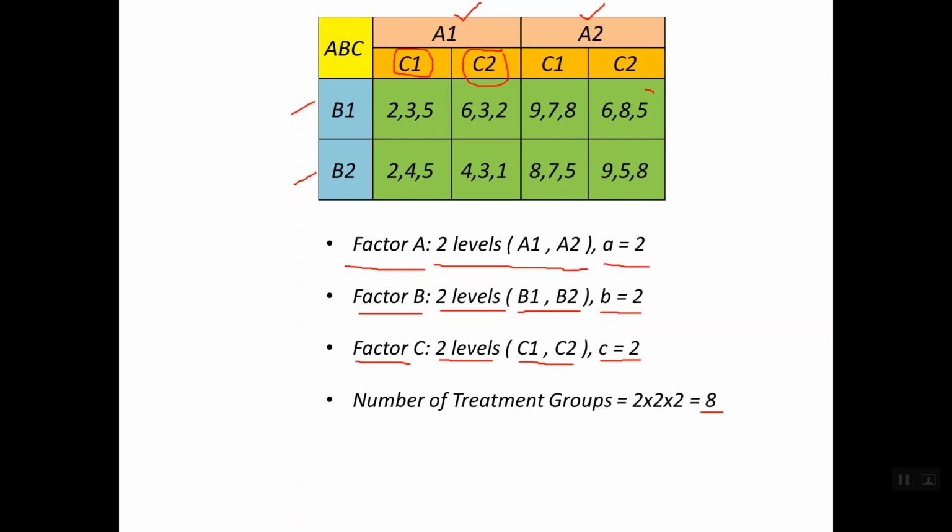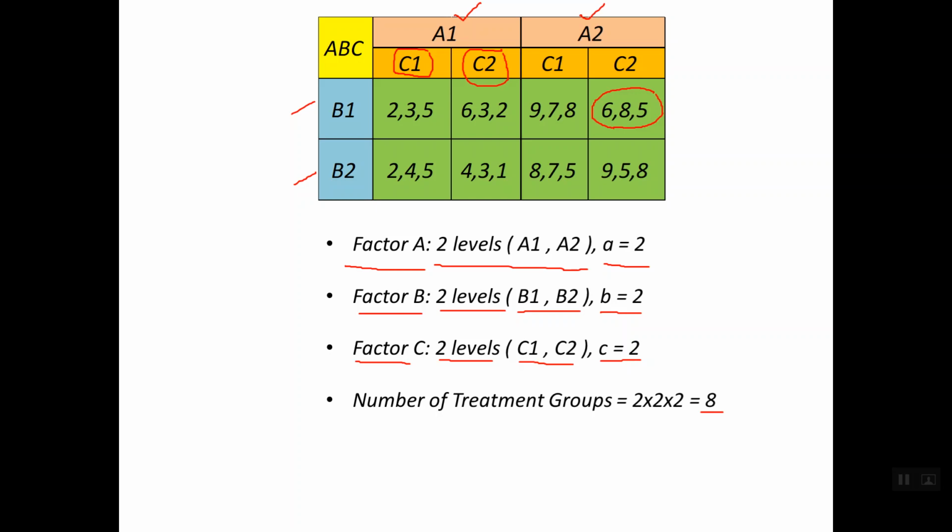For example, this group here represents the group for A2, B1, C2, and we have 3 observations in this group, which are 6, 8, and 5. And the total of the observations for this group is 6 plus 8 plus 5, which is equal to 19.